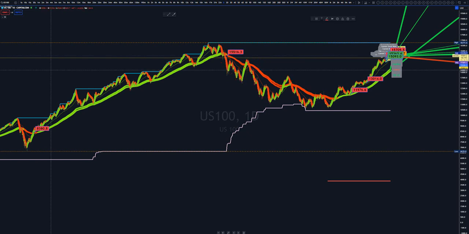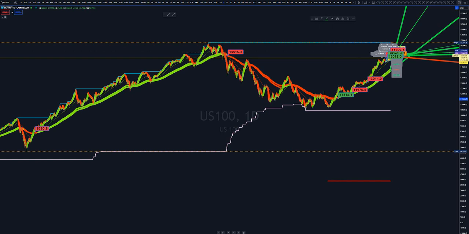Our next signal was, I think, somewhere in December or January. It was on the 27th of January, at 11,516, that we had our buy signal. And where is the market now? Now we are around here.